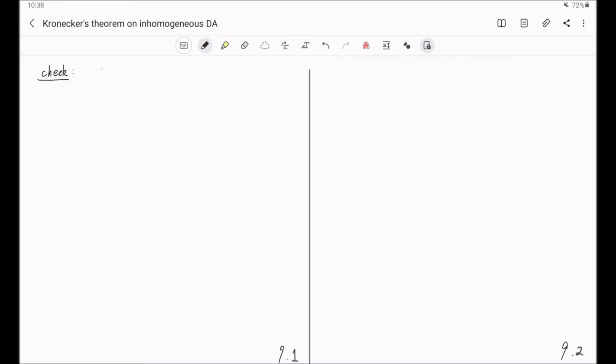So let's check this. If A transpose times u is in Z^n and u is in Z^m, then u transpose b prime, which is equal to u transpose (Aq minus p) plus u transpose times b.